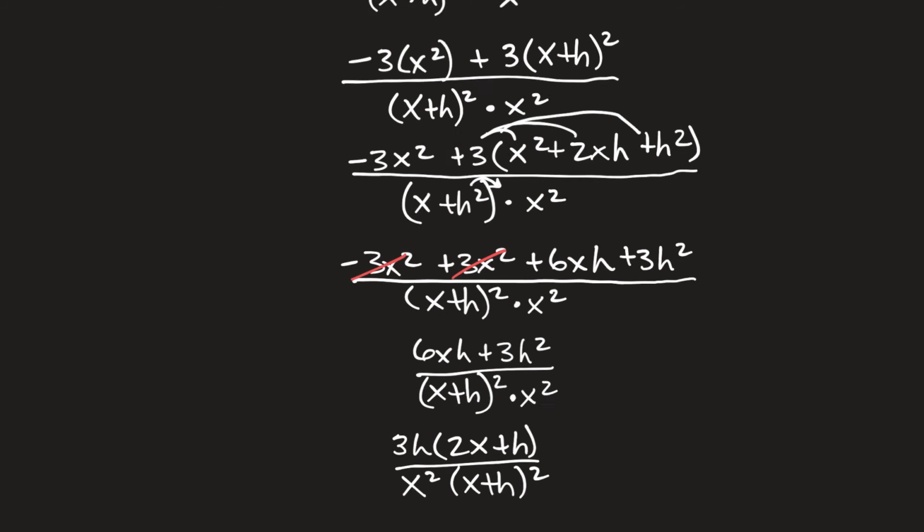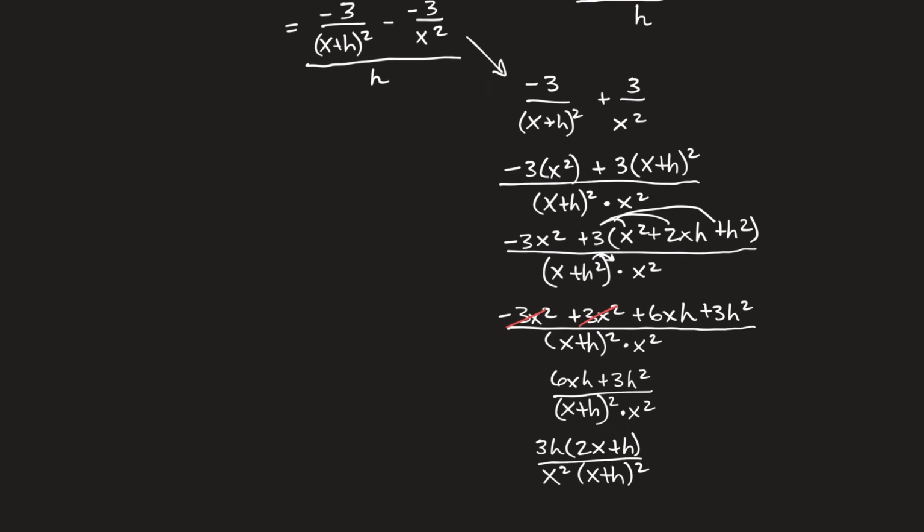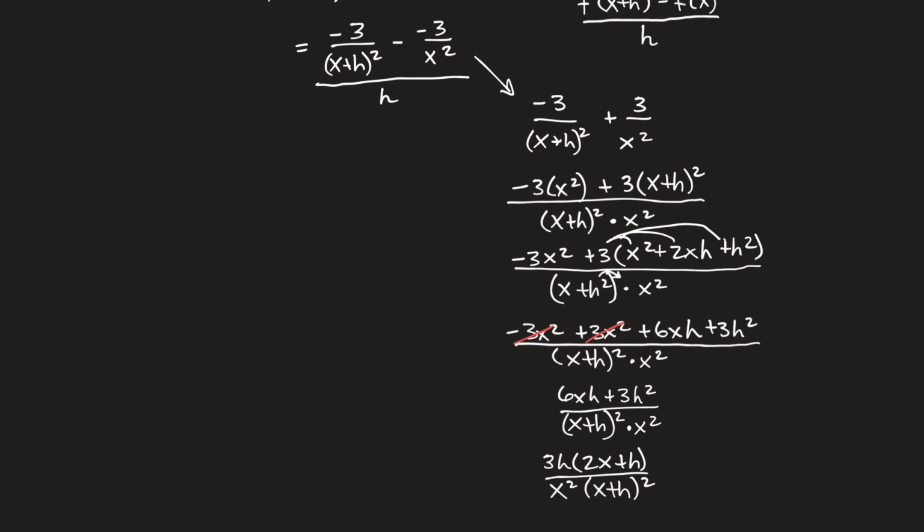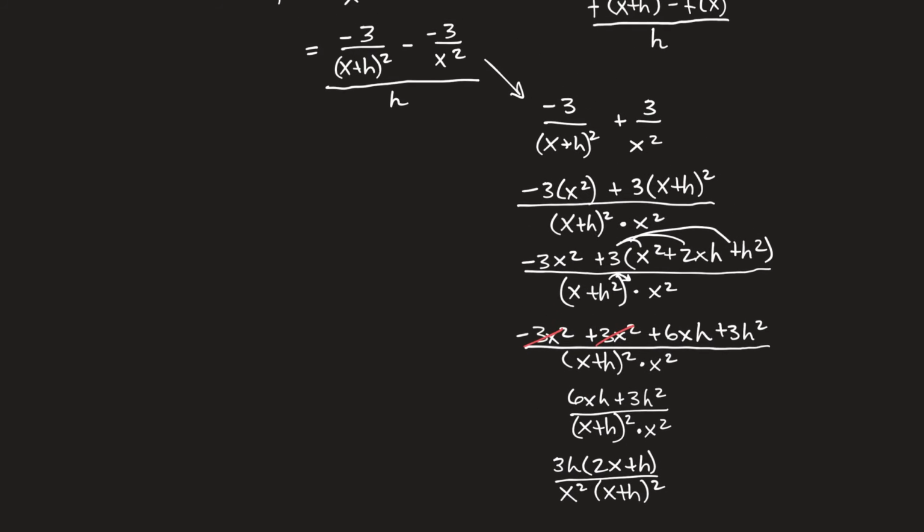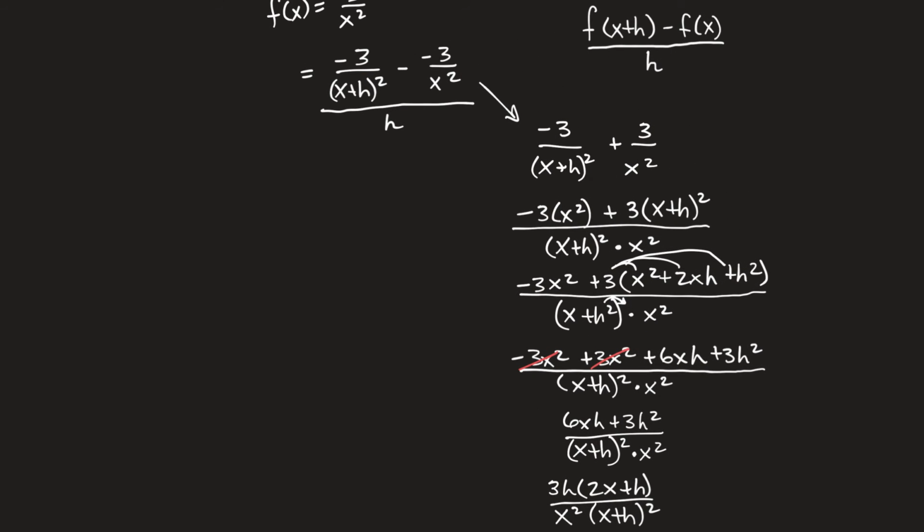Let's zoom out here and remind ourselves that, hey, that's really just the numerator. So let's bring it back over here, and let's have our fraction where the h was in the denominator, remember? And then we need to bring this back up to the numerator.